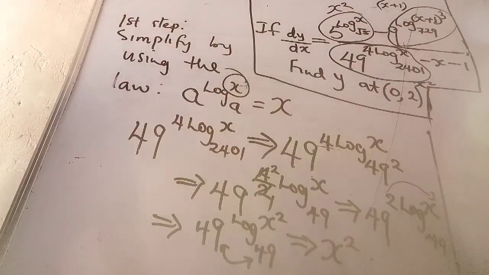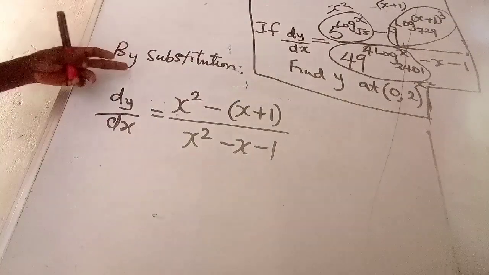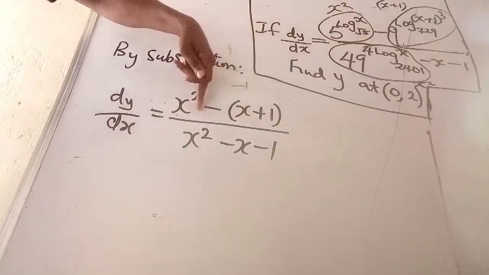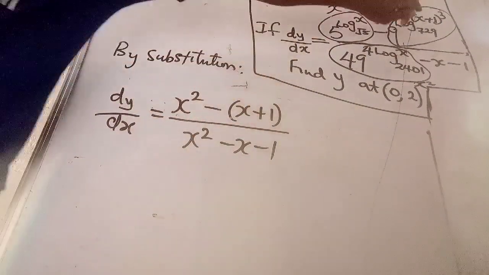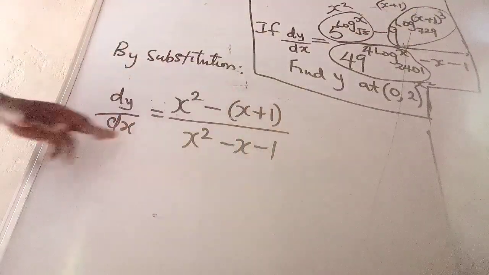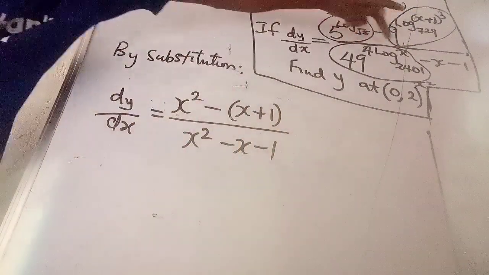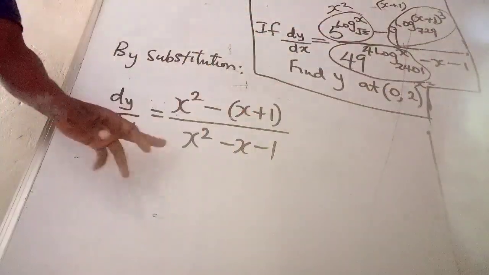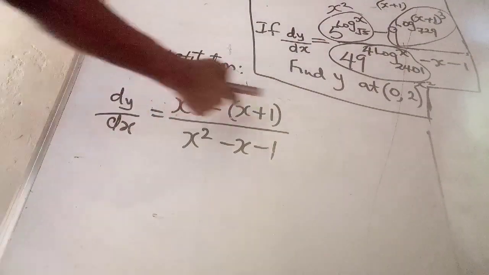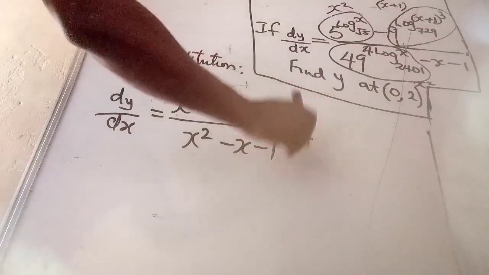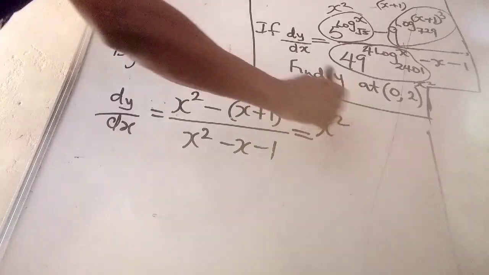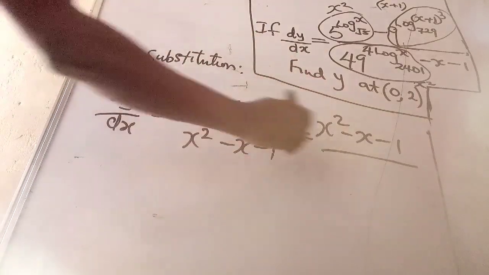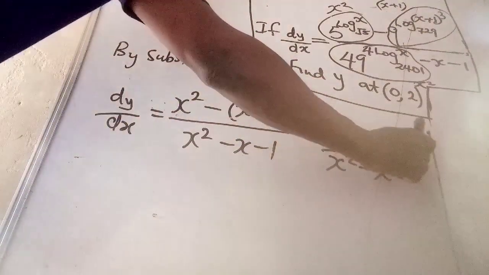All right. By substitution now, x squared is replacing this, minus x plus 1 in bracket is replacing the whole of this, all over x squared is replacing this one, then minus x minus 1. Now, let's open the bracket. That means x squared minus x minus 1 all over x squared minus x minus 1.